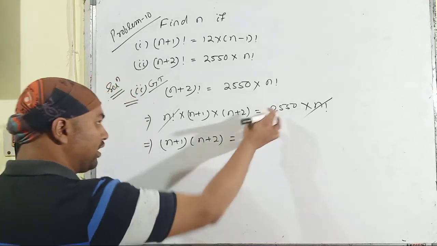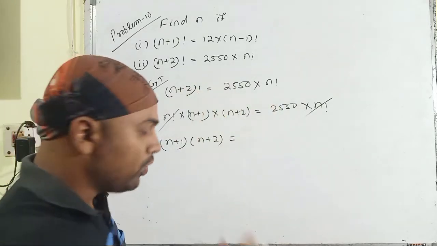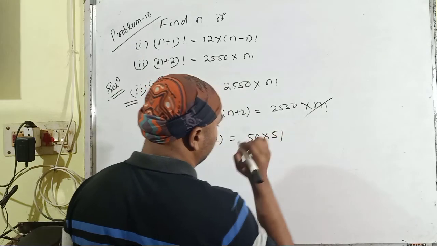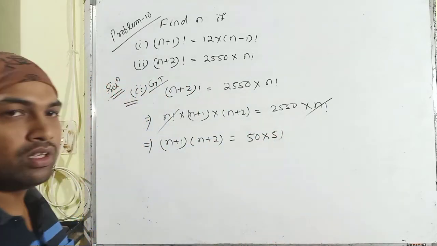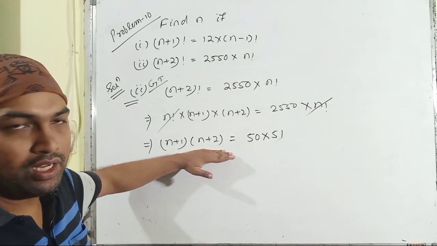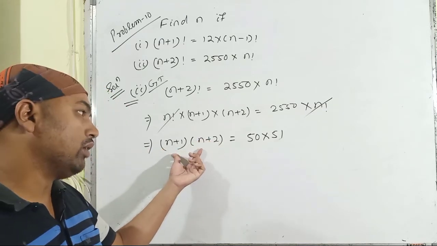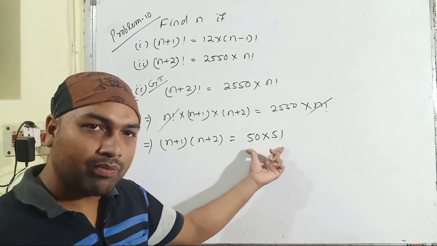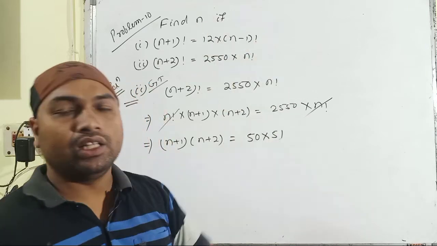And here, factorizing 2550, we are getting two consecutive numbers, 50 and 51. You can see that the left hand side terms are consecutive numbers in increasing order. Similarly, the right hand side terms are also two consecutive numbers placed in increasing order.